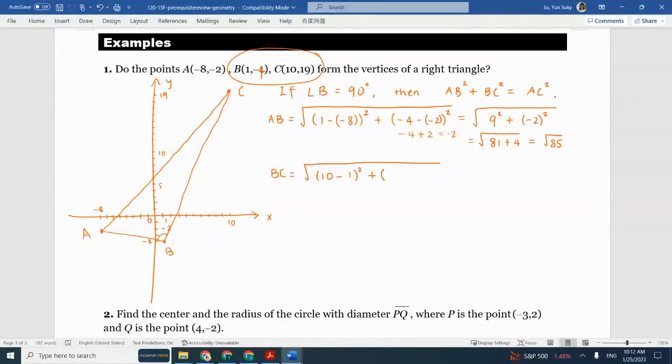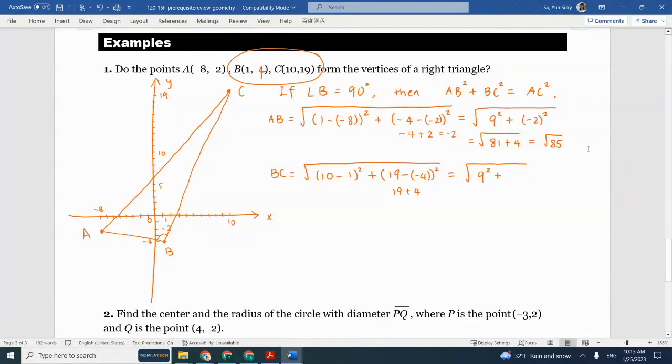Plus the y-coordinate of point C, 19, minus the y-coordinate of point B, which is -4. Yes, don't forget the negative. Now 10 minus 1 is 9, and we have the square. 19 minus -4: minus negative becomes +4.